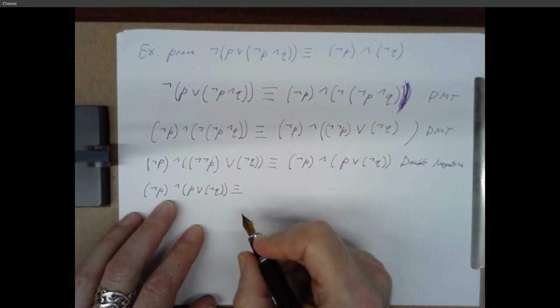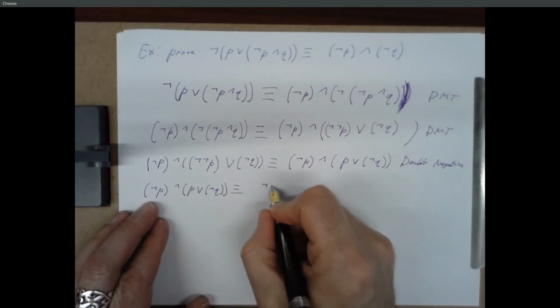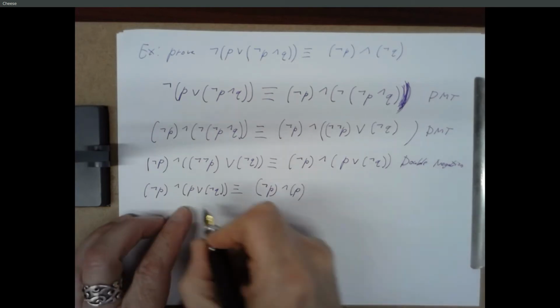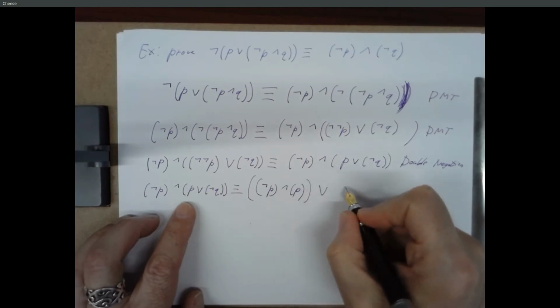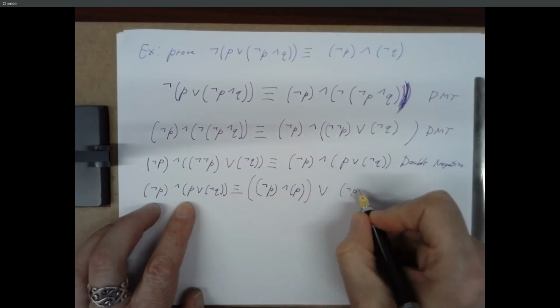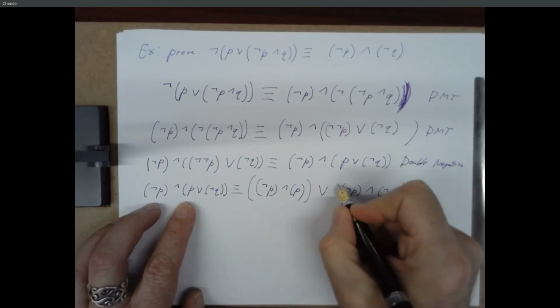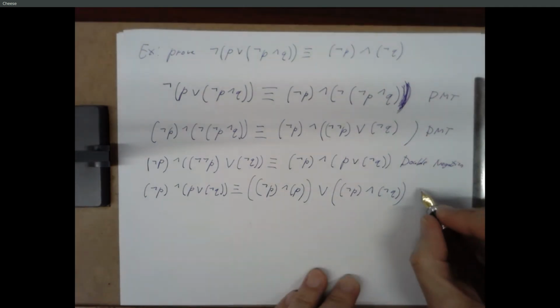I'm not really thinking about what it means. Distribution says this is equivalent to the first thing ANDed with this piece, all of that ORed with this first thing ANDed with the second piece. And that's distribution.